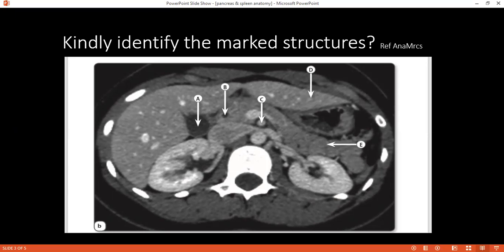Okay, can you please tell me which organ would this be near E? This is the spleen. Can you tell me what are the parts of the spleen? The spleen has a medial end and lateral end and upper border.